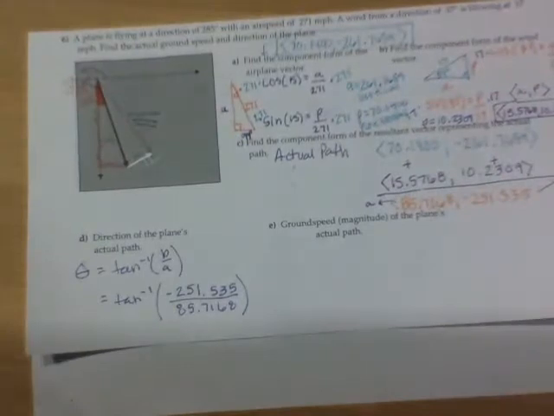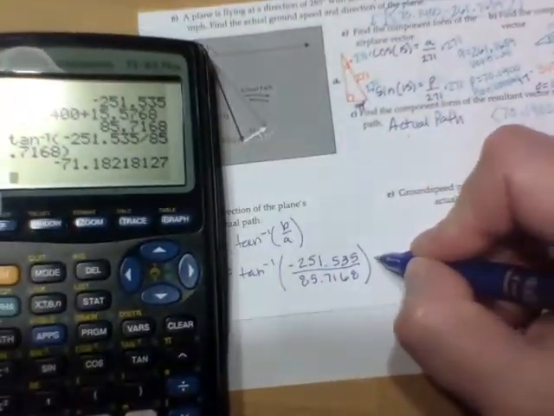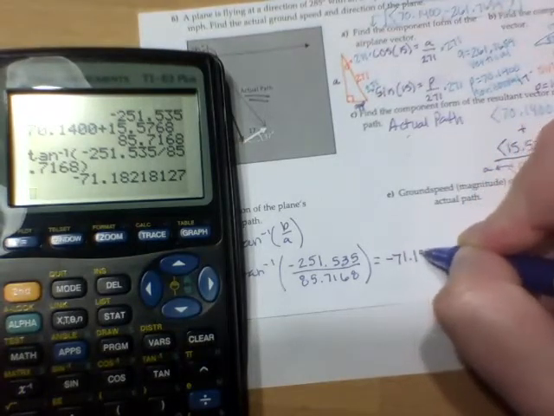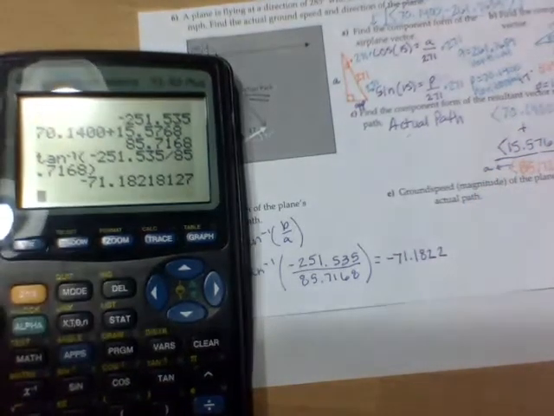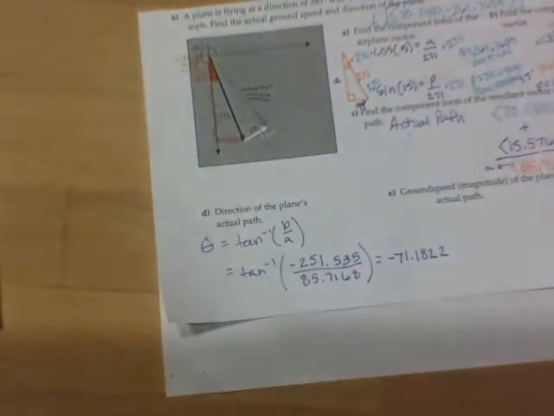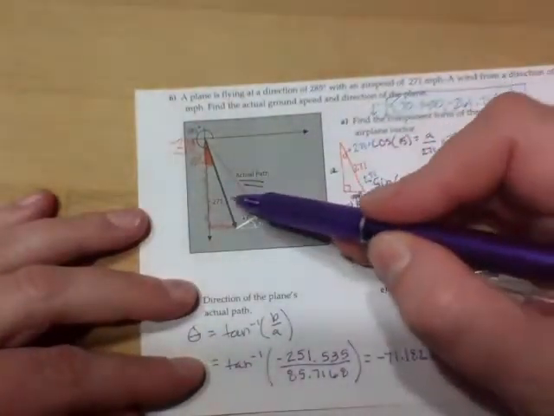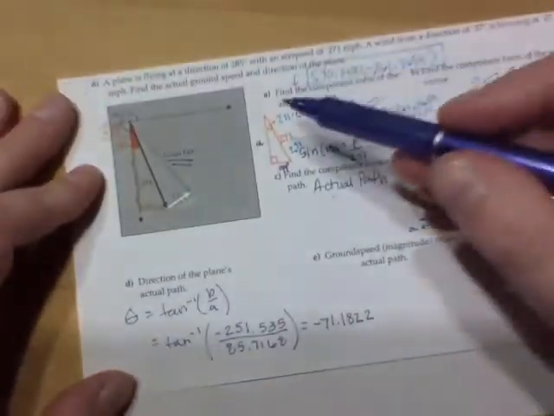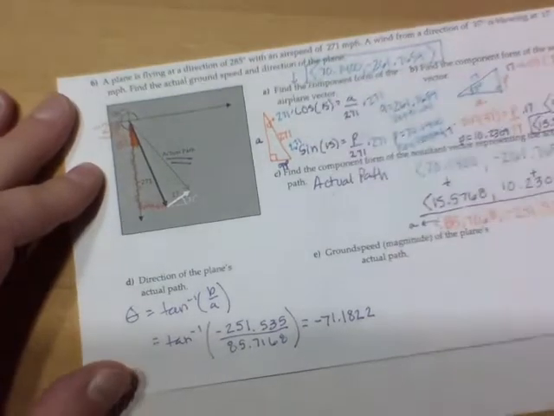Alrighty, so tangent inverse of negative 251.535 divided by 85.7168. All right, so that's telling us that it is negative 71.1822. And technically that does get us into the quadrant, I guess it doesn't say anything about putting it in the 0 to 360.